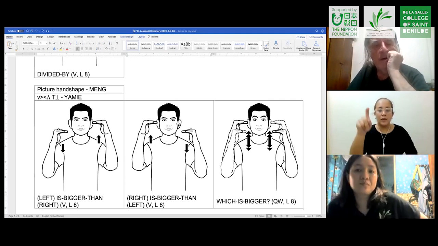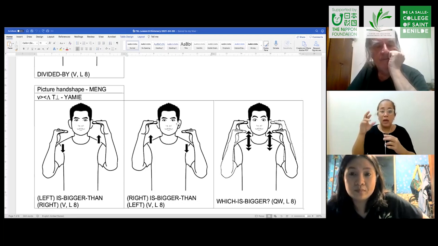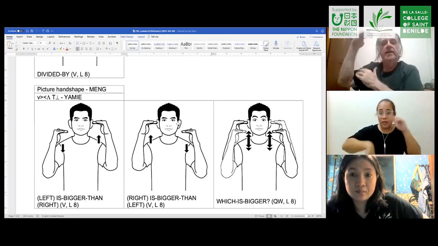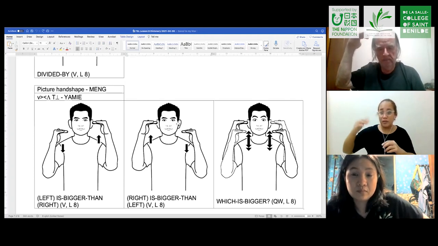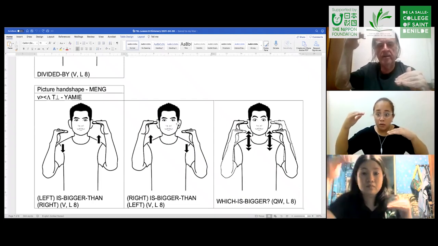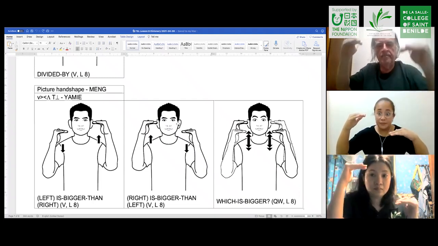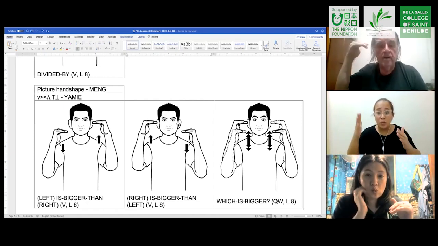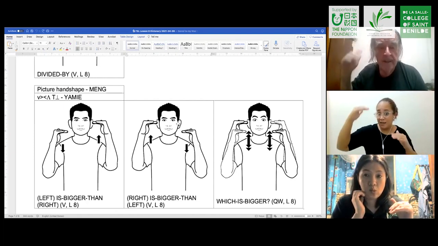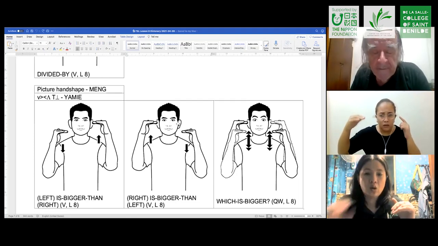Okay, pick right is bigger than left first because the right hand is higher. Left hand is lower. And then pick which is bigger because the right hand is higher. I think, right? Is the right hand higher or the left hand higher?